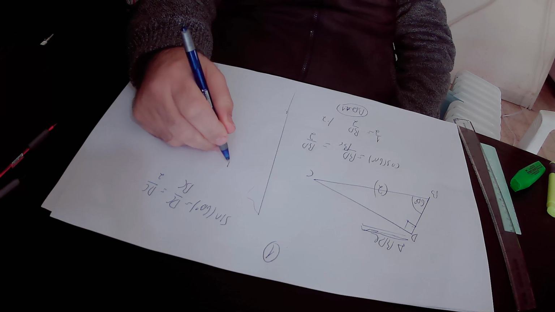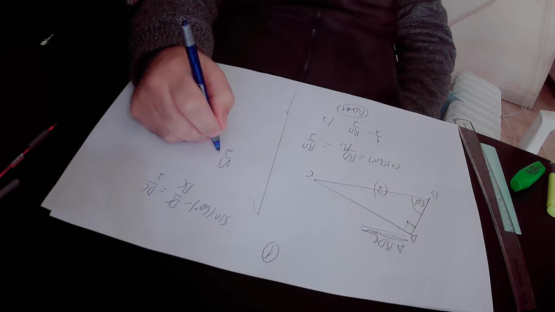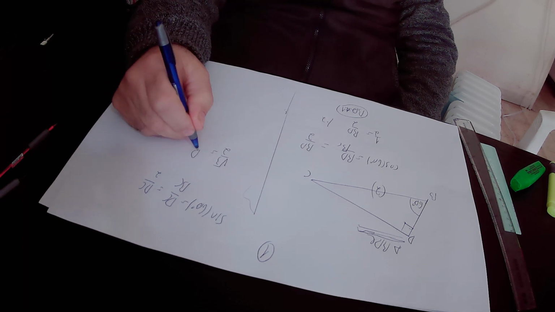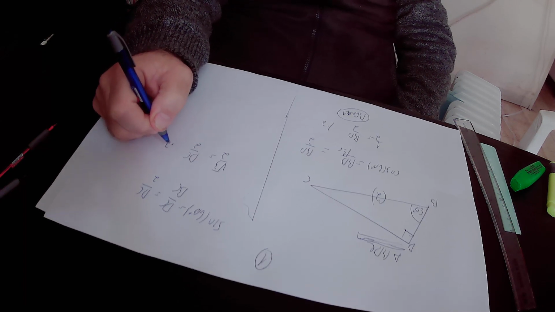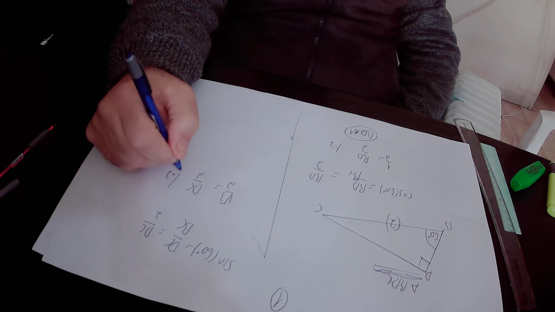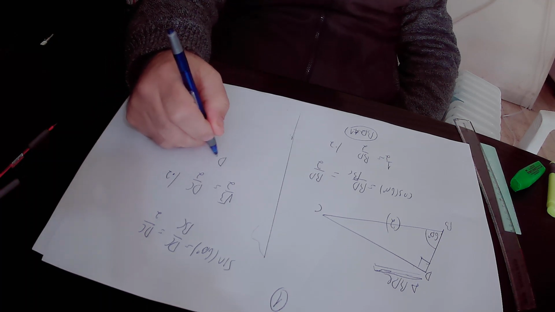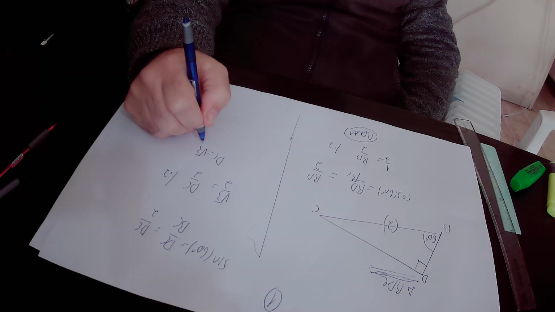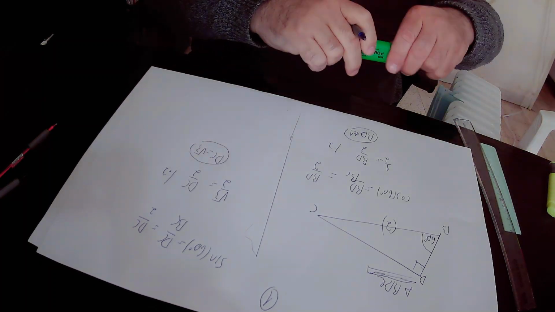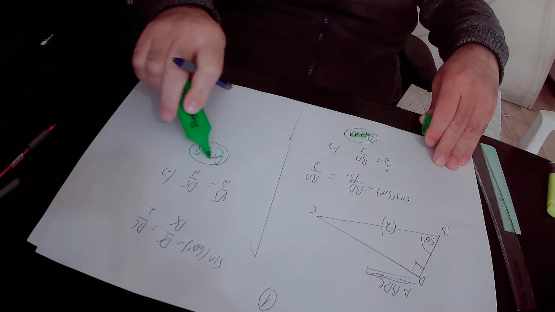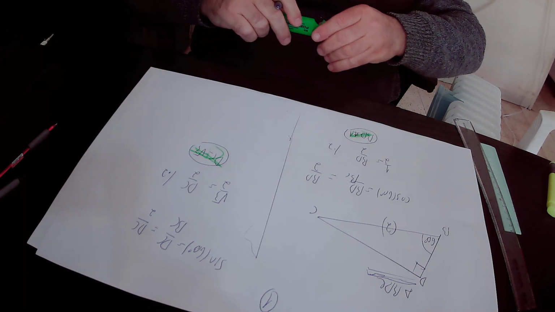Sine 60 degrees is square root of 3 over 2, so square root of 3 over 2 equals DC over 2. Here we multiply this equation by 2, and we get that DC equals the square root of 3 units in its length.